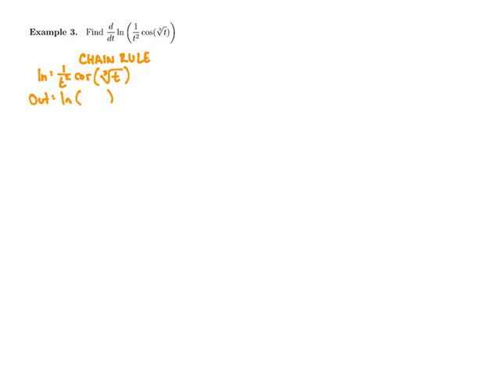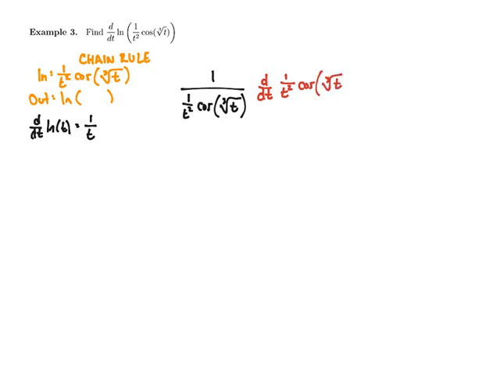So as a whole, we are going to do the derivative of natural log is 1 over t. So we're going to have 1 over the something, the 1 over t squared cosine of cubed root of t, that's the inside function, times the derivative of the inside, 1 over t squared cosine of the cubed root of t.